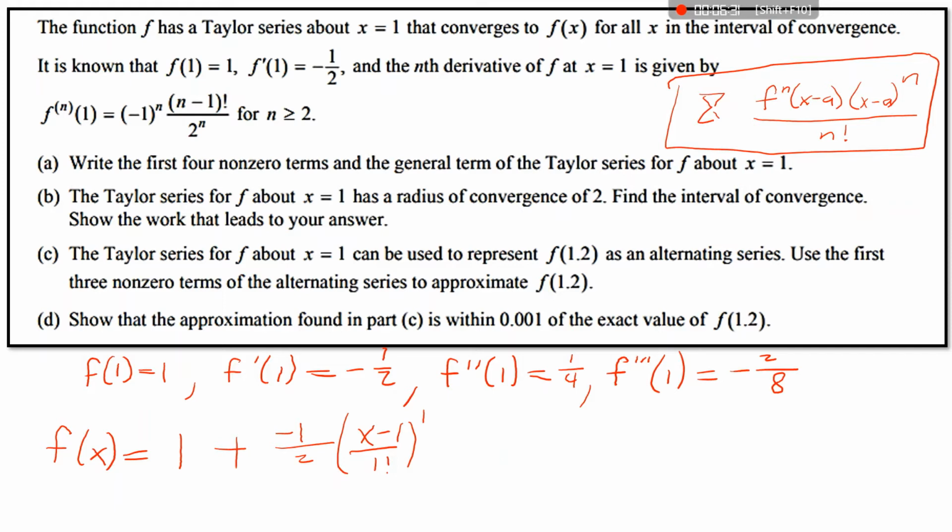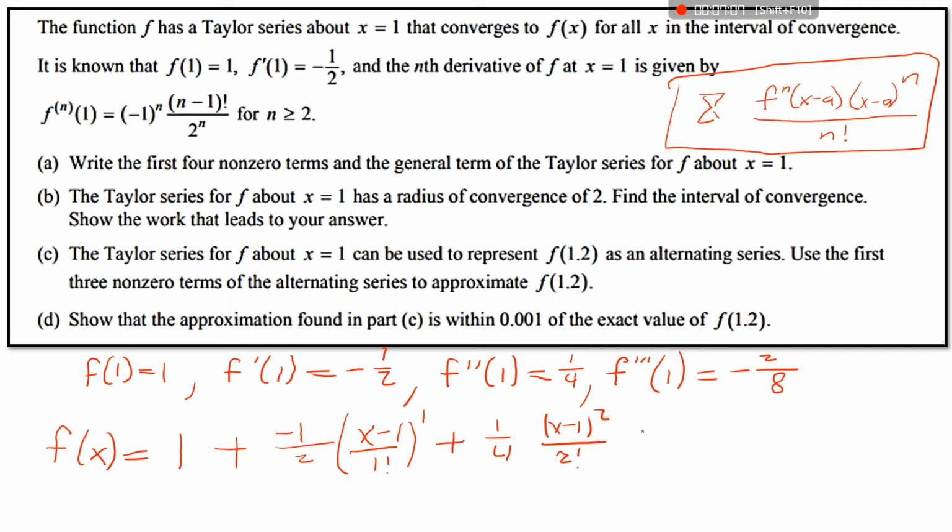Okay, what would the next term be? 1 over 4 times x minus 1 raised to the second power over 2 factorial.